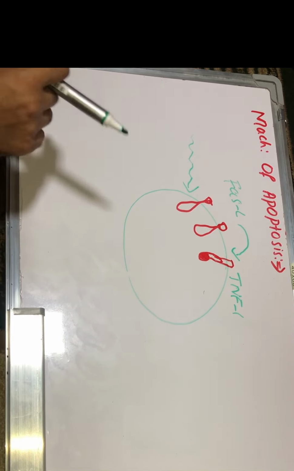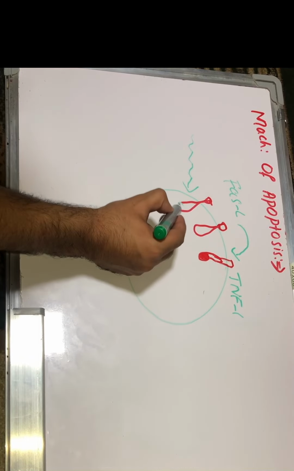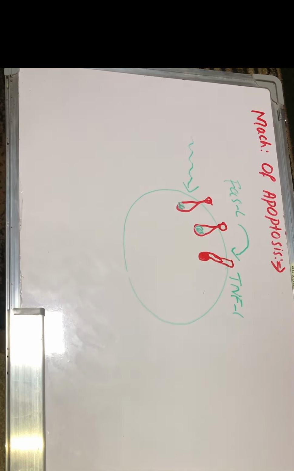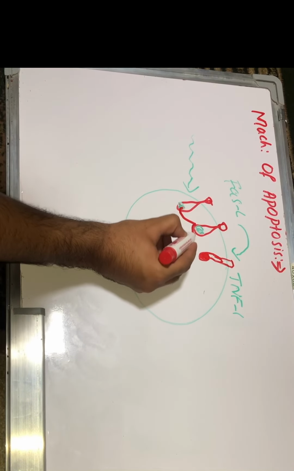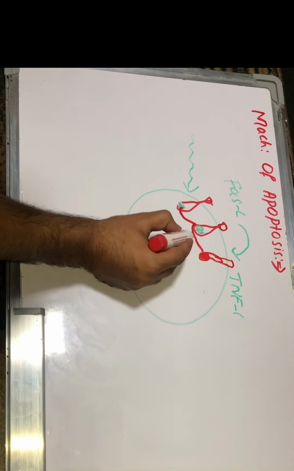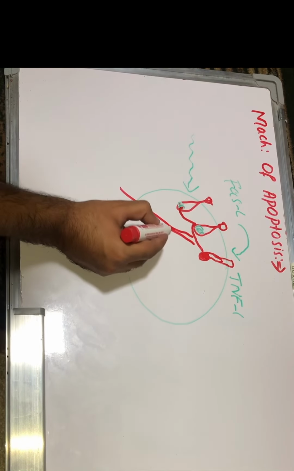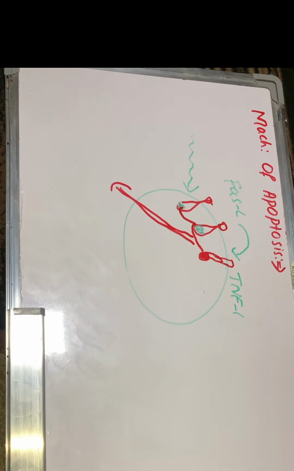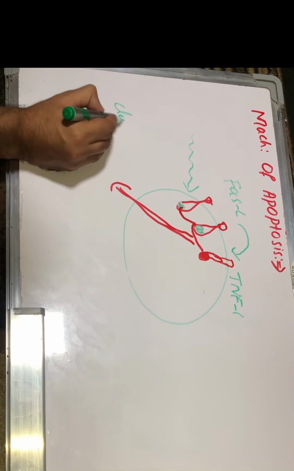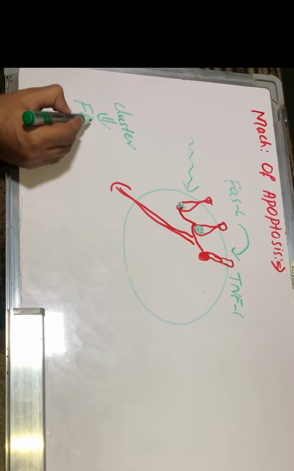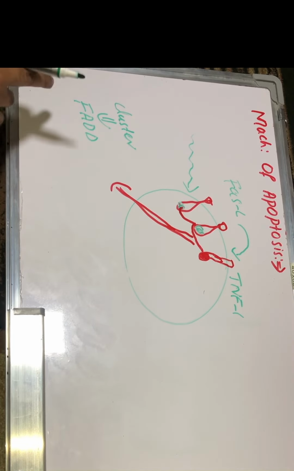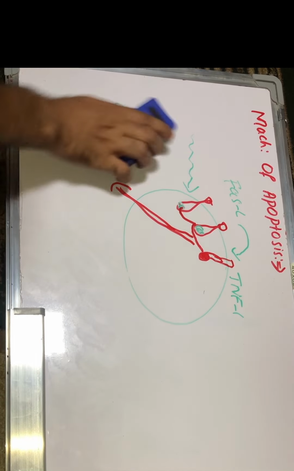When Fas ligand attaches to this, the death domains of the tumor necrosis factors come together and make a cluster, and that cluster is called FADD, Fas-associated death domains. The death domains form a cluster.